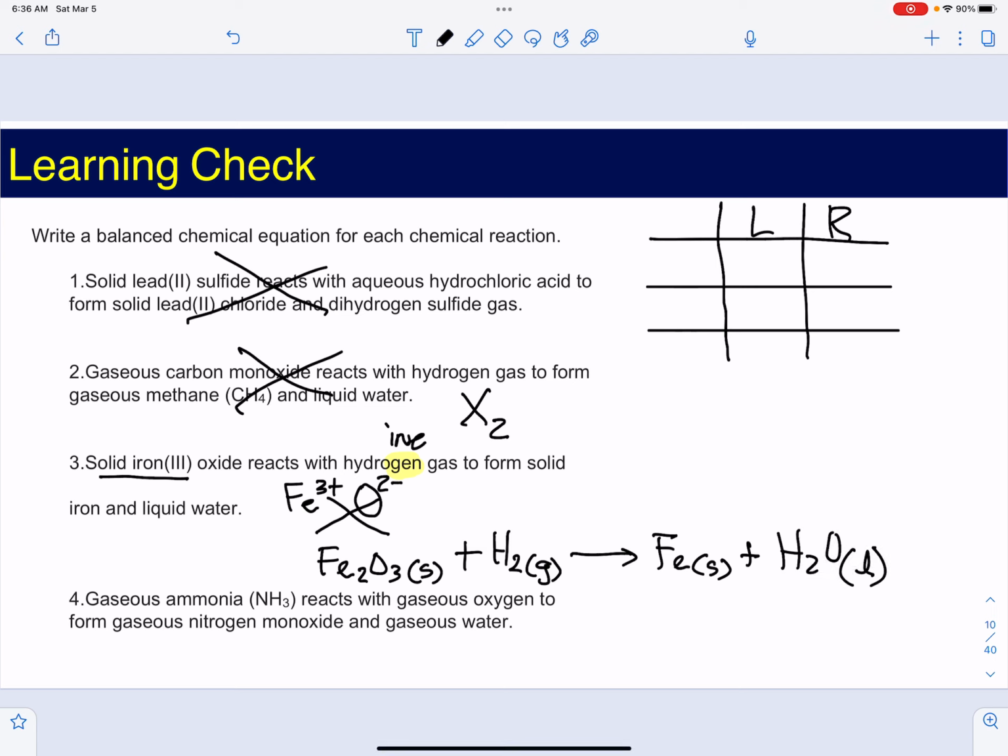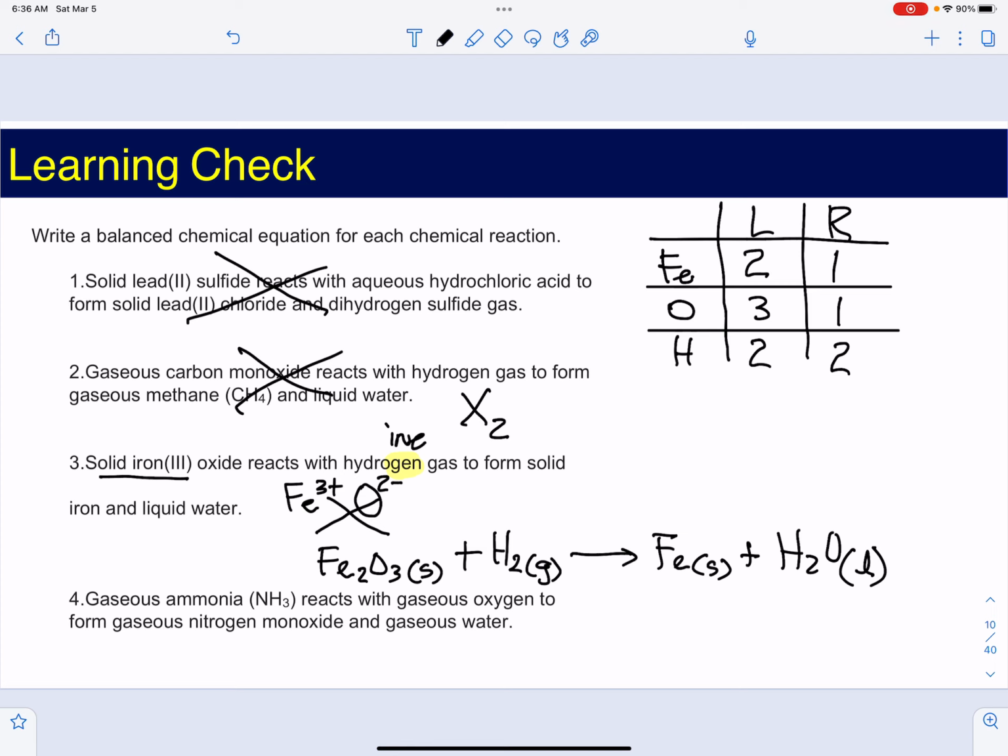Okay, so let's see if this is balanced or not. We're going to have iron, oxygen, and hydrogen. On the left side, 2 irons, 3 oxygens, and 2 hydrogens. On the right side, 1 iron, 1 oxygen, and 2 hydrogens. So let's begin with the oxygen.